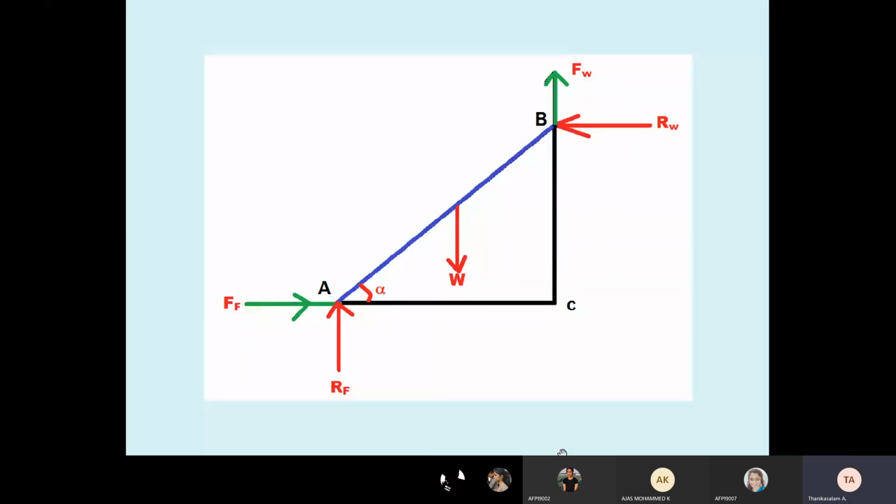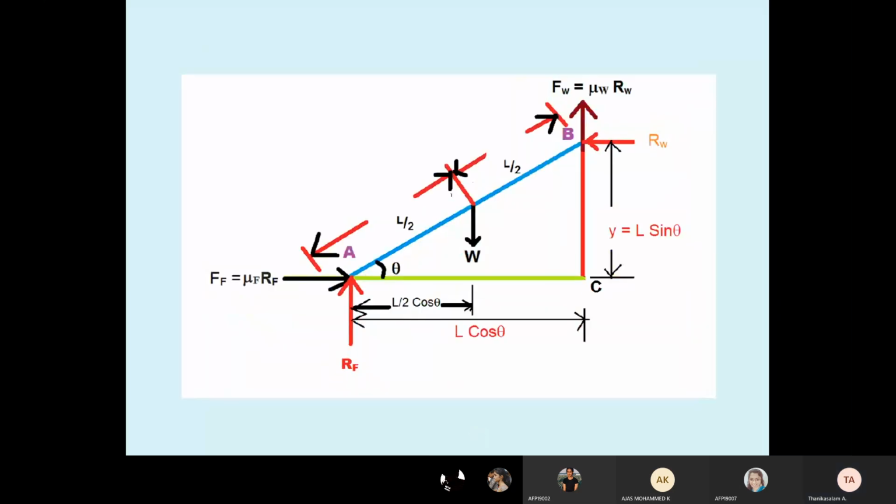Understand? Without a man. Suppose a man or a woman is standing on the ladder. This is the without-a-man diagram. I marked all the distances. Weight is acting at the middle of the ladder, that is L by 2, from the bottom. The length is L. The angle we know, theta or alpha.